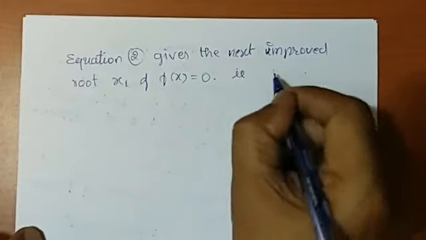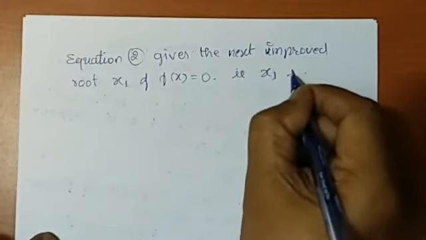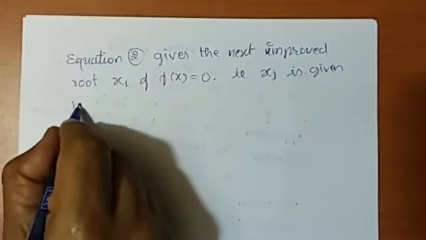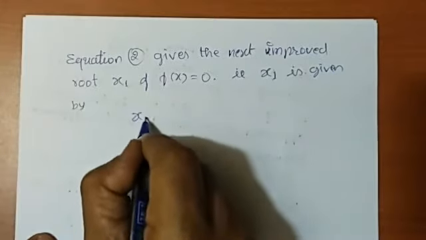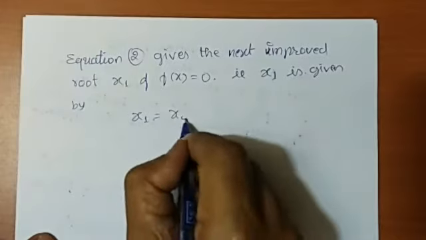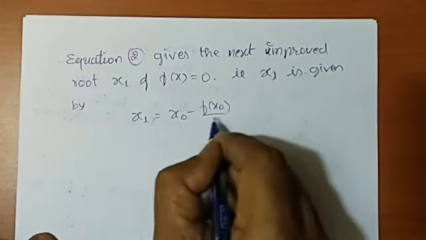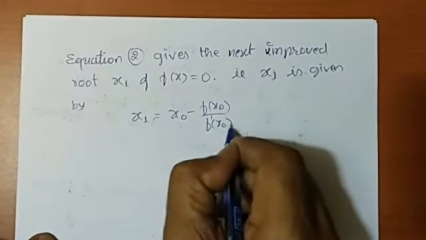That is, x1 is given by x1 is equal to x naught minus f of x naught over f dash of x naught.